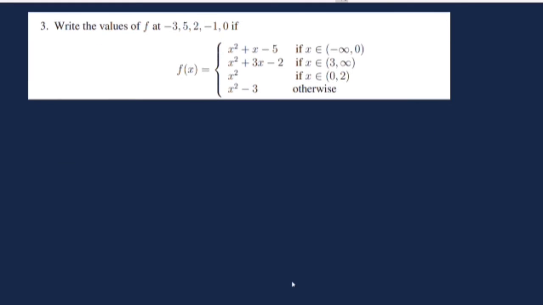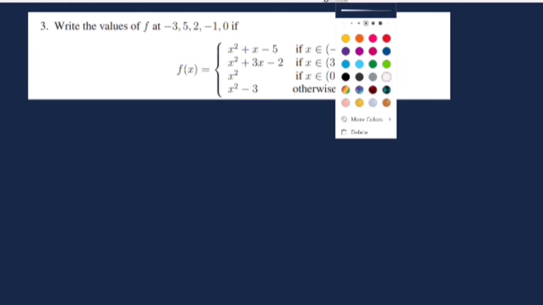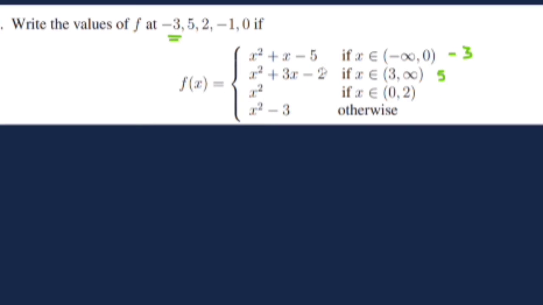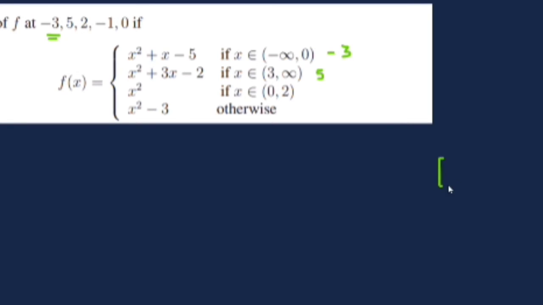Now third sum. So we have to find the interval first. Let us find. Where is minus 3? Which interval is minus 3? First interval. 5 is second interval. 2? Where is 2? Can you see the open bracket? This is called open bracket. There are two types of brackets. One is closed bracket.